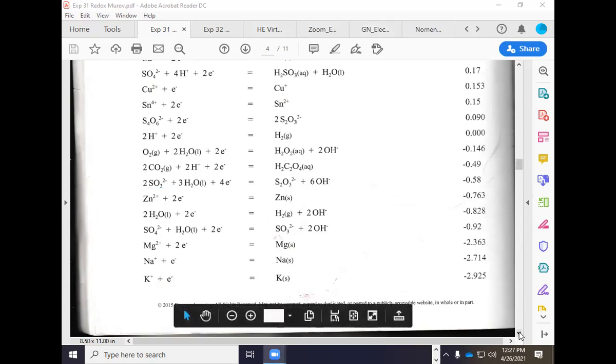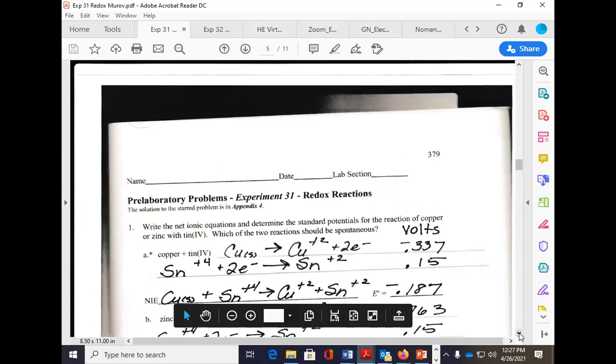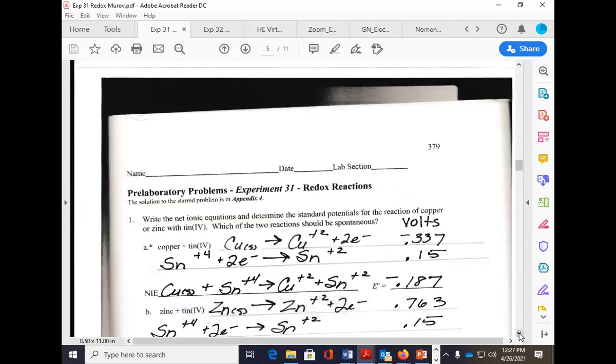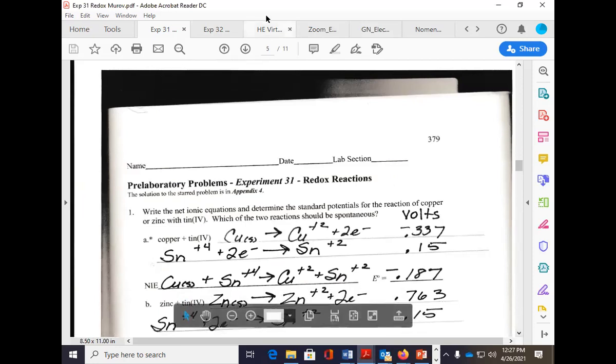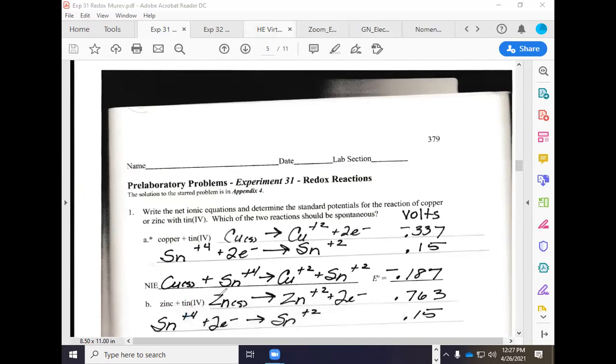So that is how we get the zinc. We had our zinc solid going to zinc plus 2 electrons. We had to reverse it, and we had to reverse the sign. So here's our half reaction for the zinc. And this is the same tin 4, so that was the same one as above.